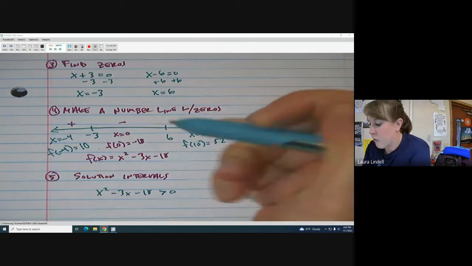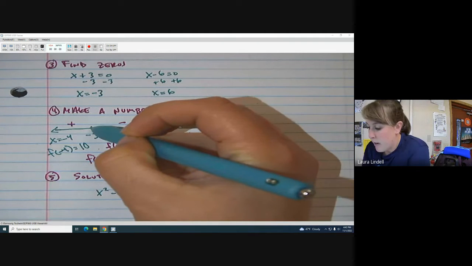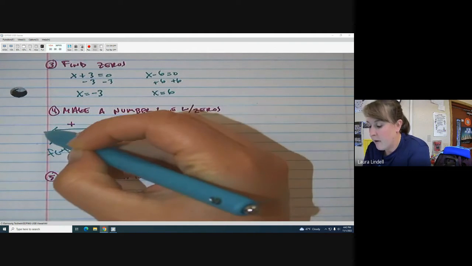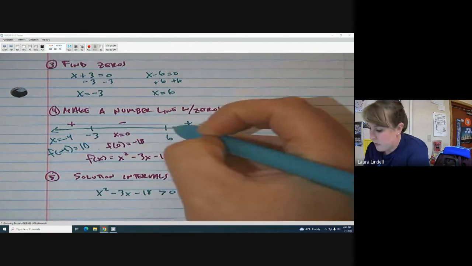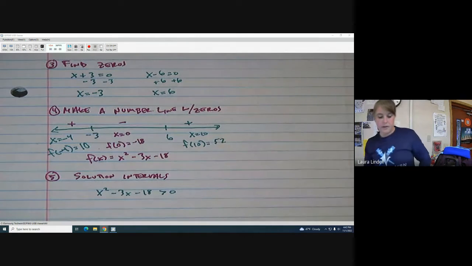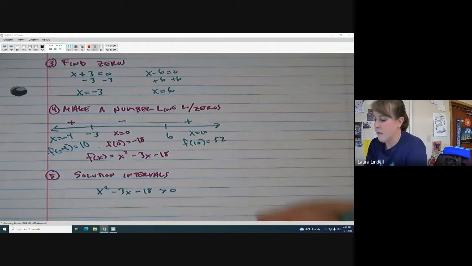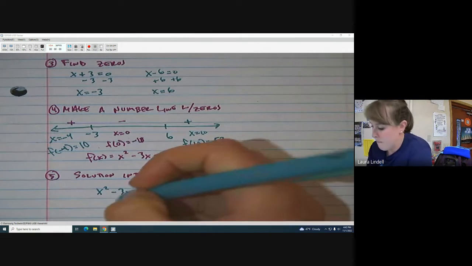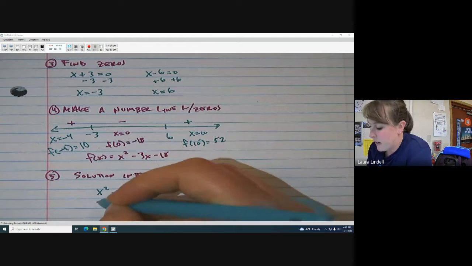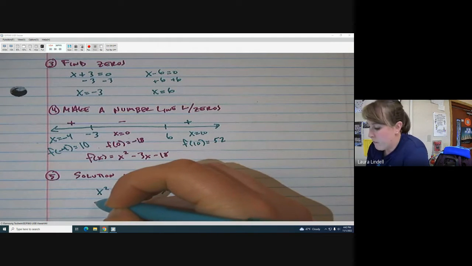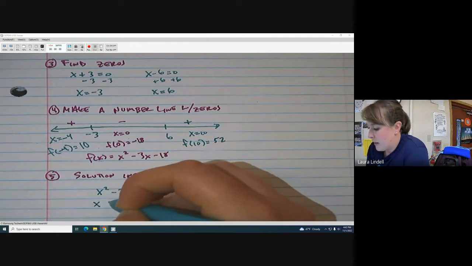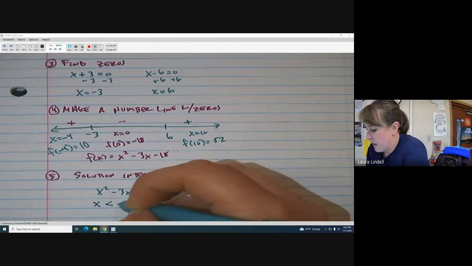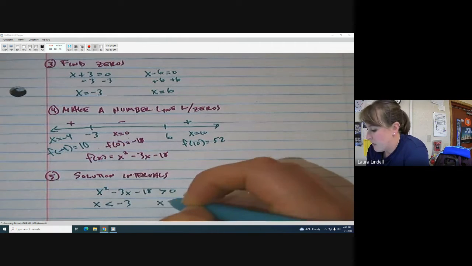So that means, according to our sign chart, that we want x values that are less than -3, and we also want x values that are greater than 6. If we were writing that out as an inequality, we'd say we want x's to be less than -3, and we want x's to be greater than +6.